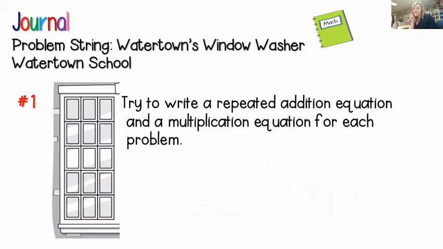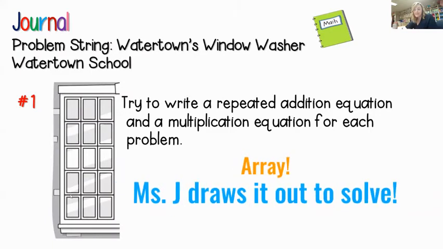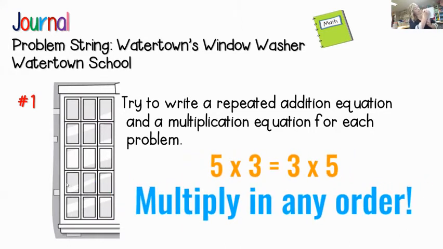So when I'm thinking about this window, I'm going to look at the amount of window panes going down. I see an array, so I'm going to count 1, 2, 3, 4, 5 are going down. So on my whiteboard, I'm going to write 5, and I could even just draw it, 1, 2, 3, 4, 5. 5 are going down.